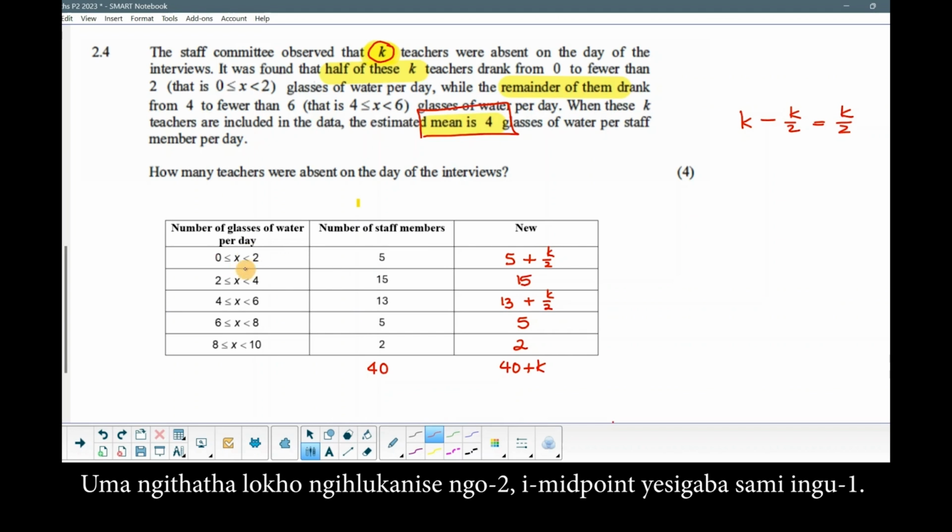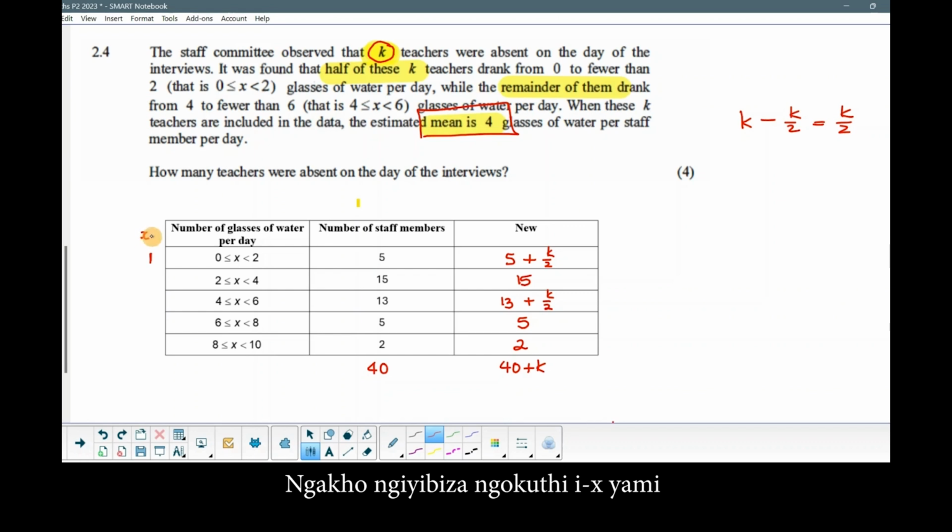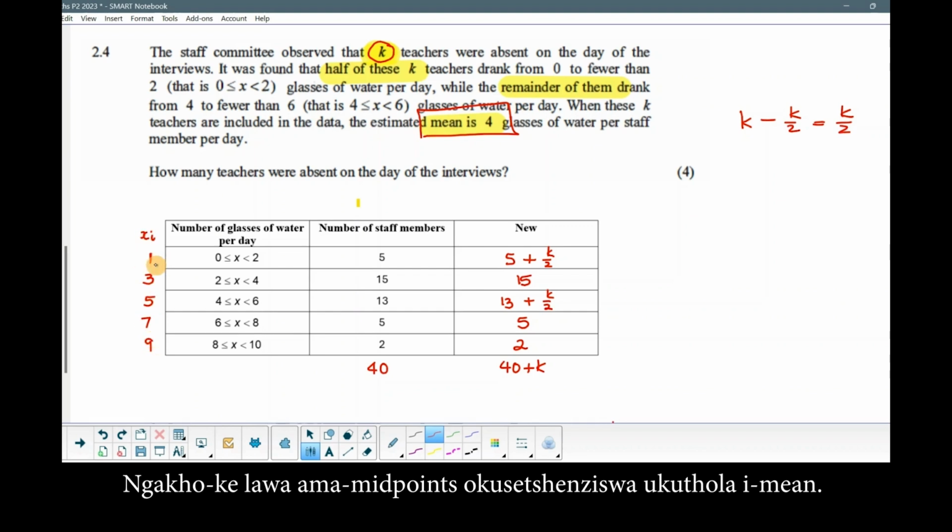So if I take that and I divide it by 2, my class midpoint is 1. So I call that my xi for now. My class midpoint between 2 and 4: 4 plus 2 is 6, 6 divided by 2 is 3. 4 plus 6 is 10, 10 divided by 2 is 5. 6 plus 8 is 14, 14 divided by 2 is 7. And 8 plus 10 is 18, divided by 2 is 9. So these are my class midpoints.